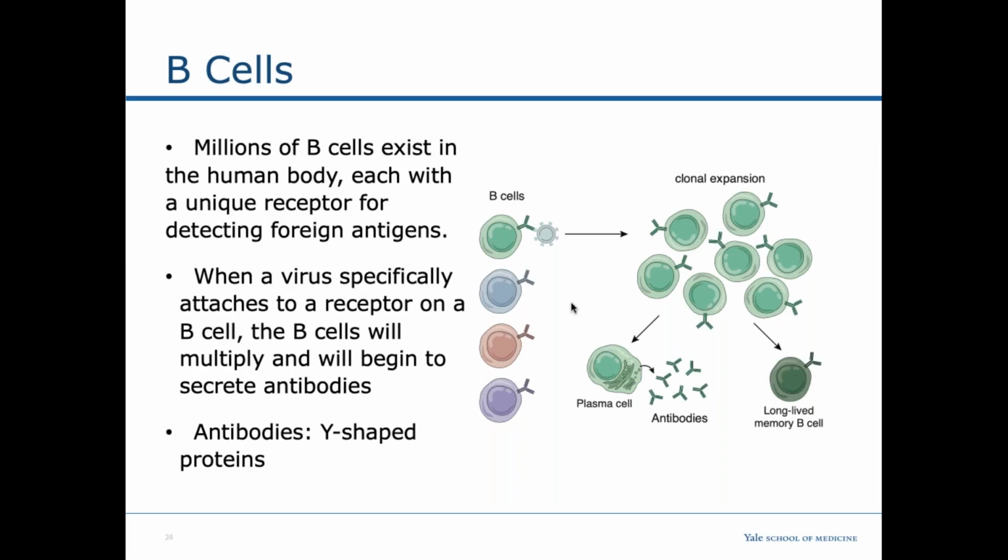These antibodies have a number of different functions. The plasma cells are long-lived so that we can have small amounts of antibodies to a particular microbe being made for years. The other thing is we have a long-lived memory B cell, and this cell can be involved in mounting a rapid response if we get reinfected.